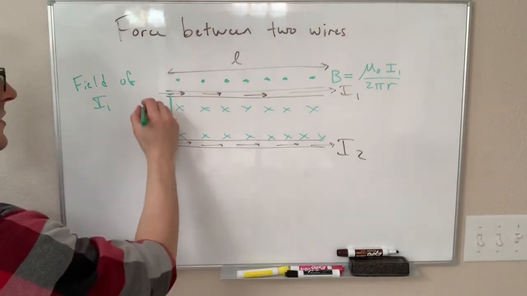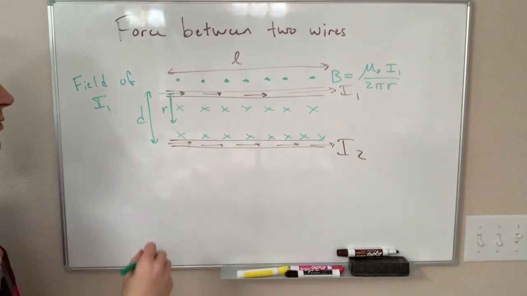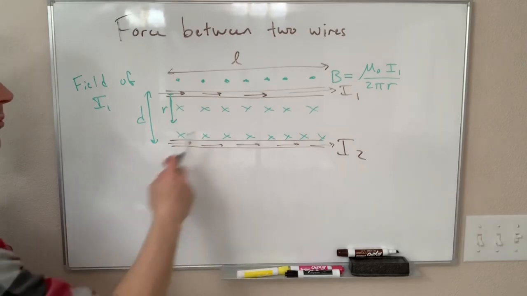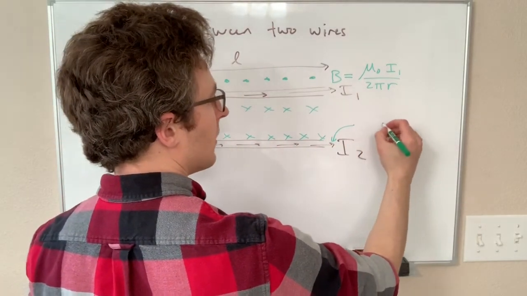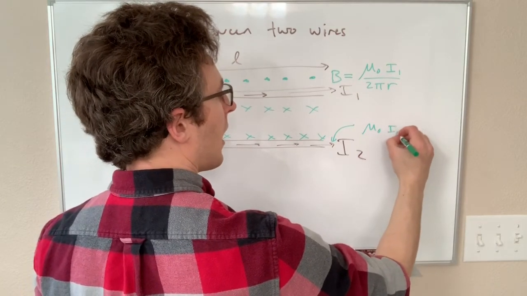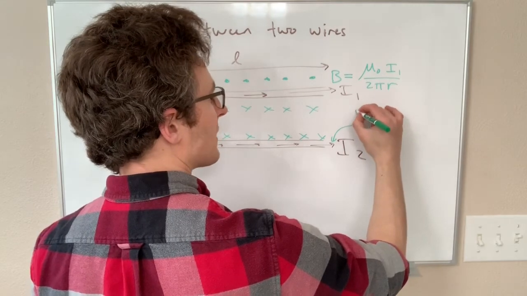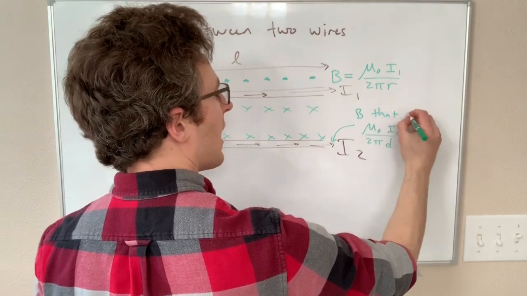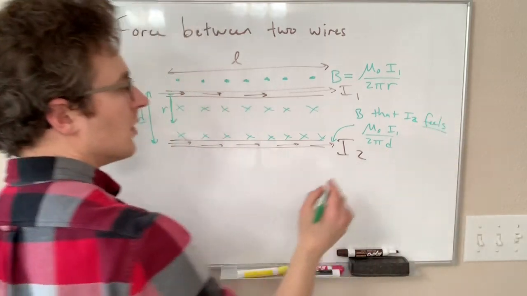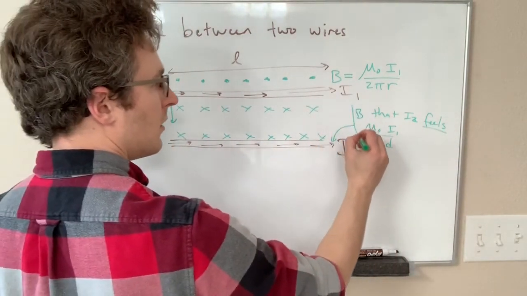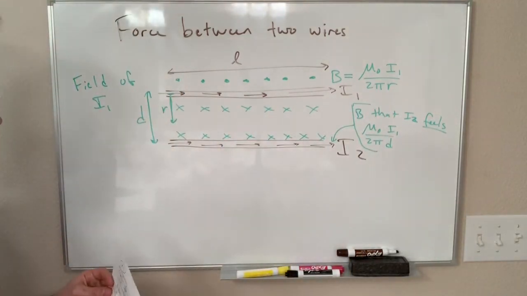If wire 2 is some distance, we'll call that d, away from wire I1, we know the magnetic field here at the location of I2 is going to be mu naught I1 over 2 pi d. So this is the magnetic field that I2 feels. This is the field generated by current 1 at the location of current 2.